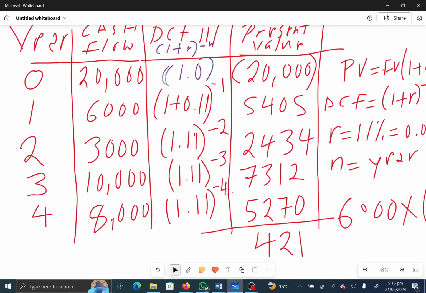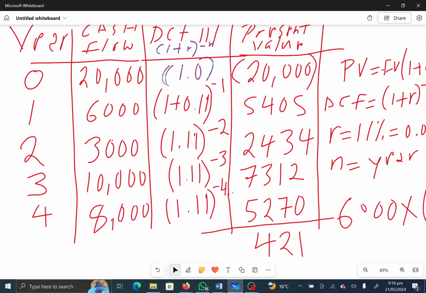From the definition, NPV is the cash outflow minus the total cash inflows.